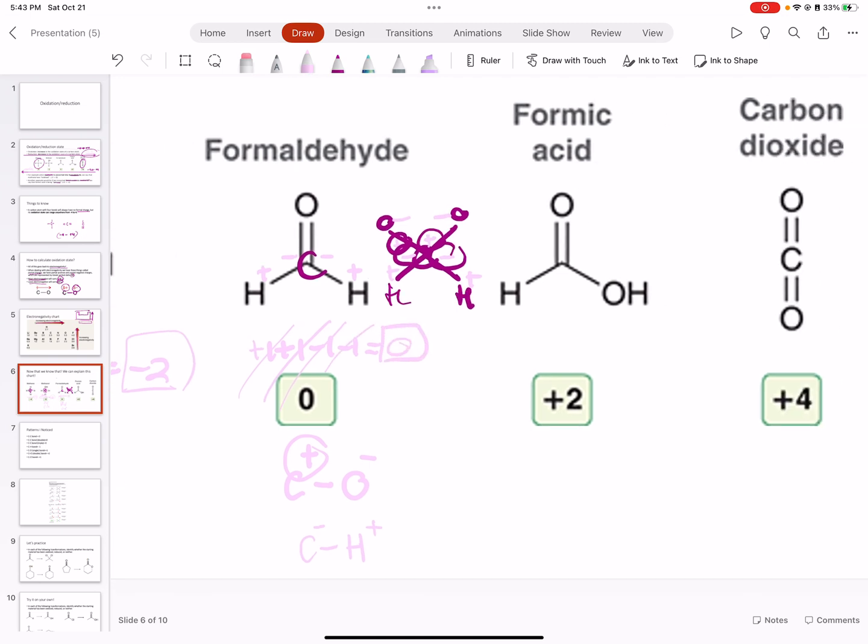So depending on the number of bonds, in here we're counting just one carbon-hydrogen, so it's just -1. In here one carbon-hydrogen, -1, and in here we're doing 1, so that's why it's +1, and here we're doing another one, it's +1.